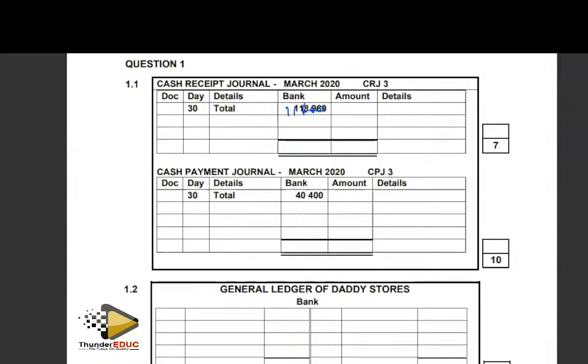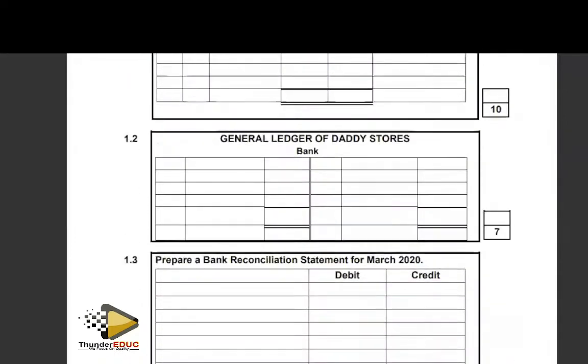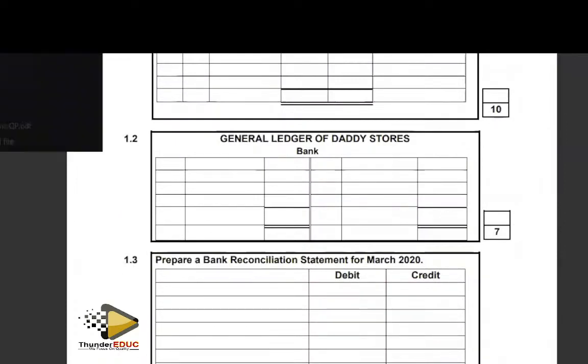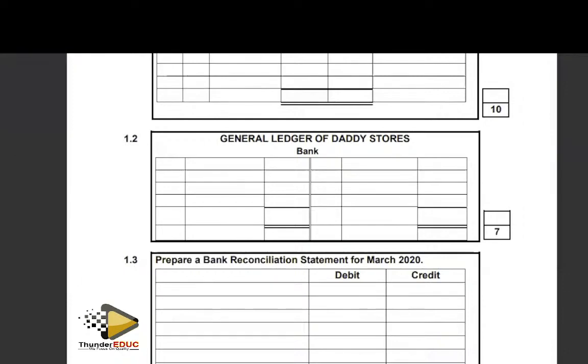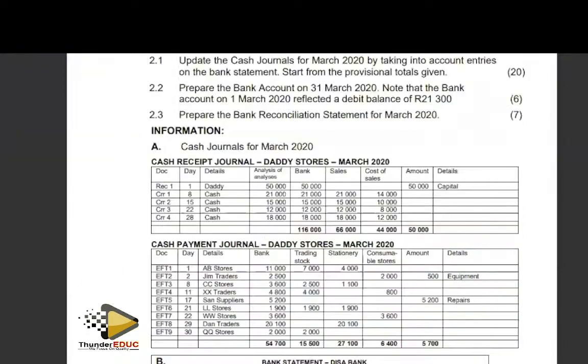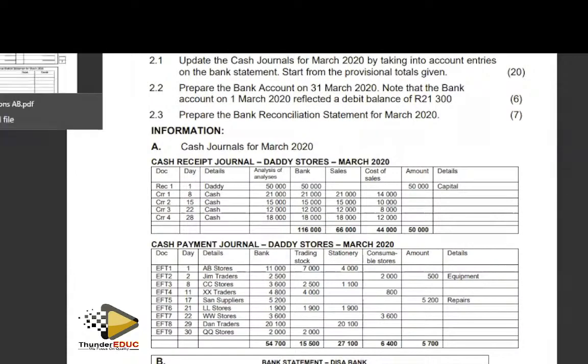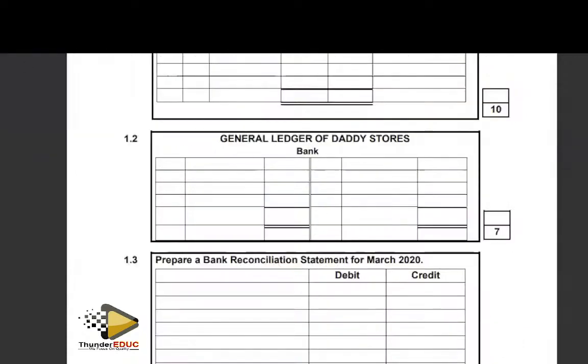Then the cash payments journal, the total is not 40,000. Just a moment. It's supposed to be 54,700. Those are the totals we are supposed to use.